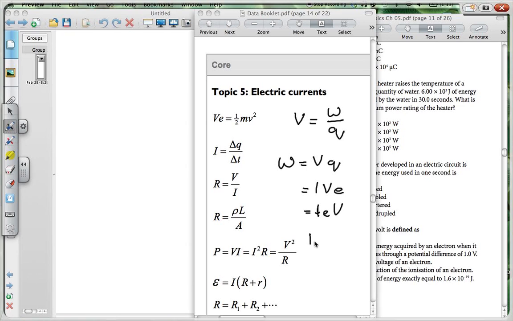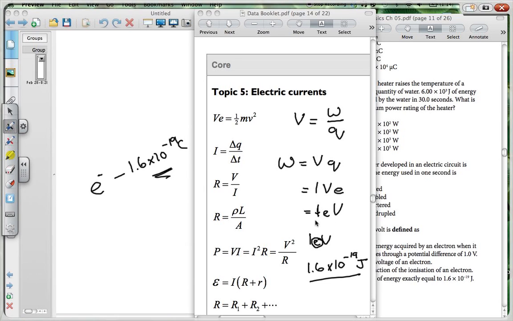Now 1 eV corresponds to 1.6 times 10 to the negative 19 joules, because the charge of an electron is 1.6 times 10 to the minus 19 coulombs. So I've got to multiply the 1 by this charge to get my value in joules.